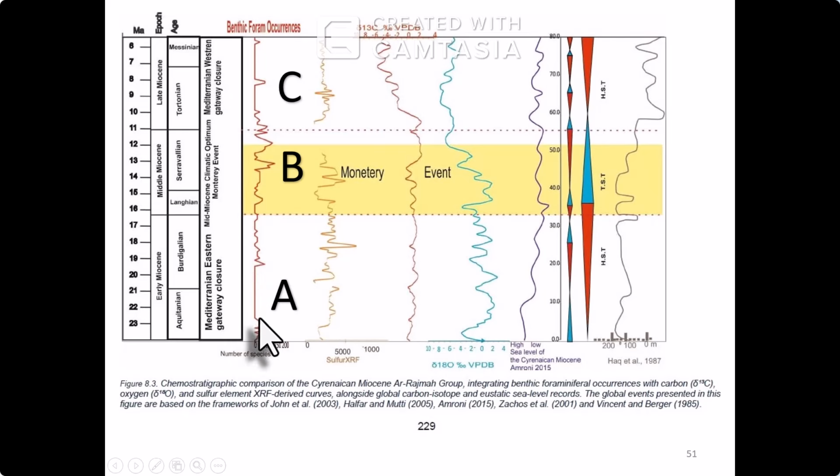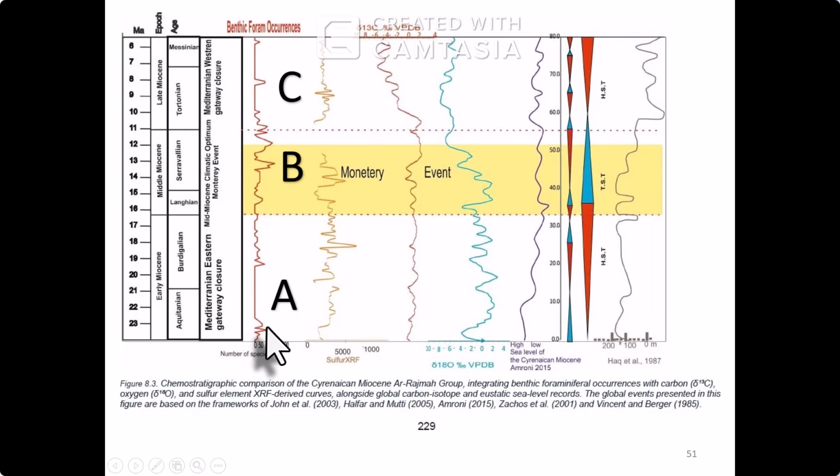These two curves, the occurrence number of the fossils and the sulfur, are new curves added by this study to compare with the previous studies done by Dr. Khalid Amri, Texas A&M 2015, in his PhD, and these two in the PhD of Dr. Hamza. But let's look at this first curve.